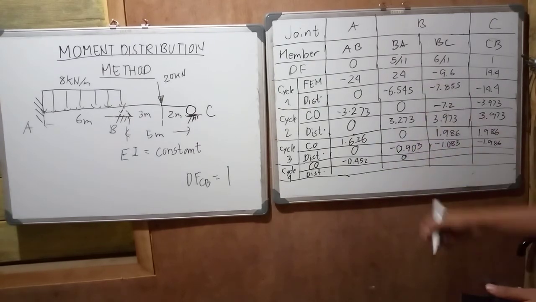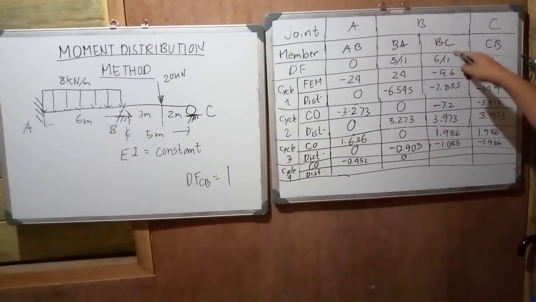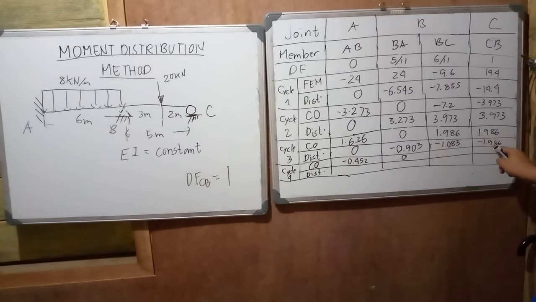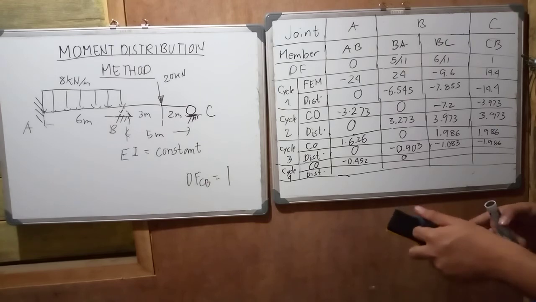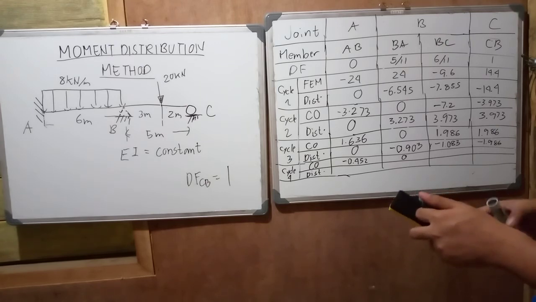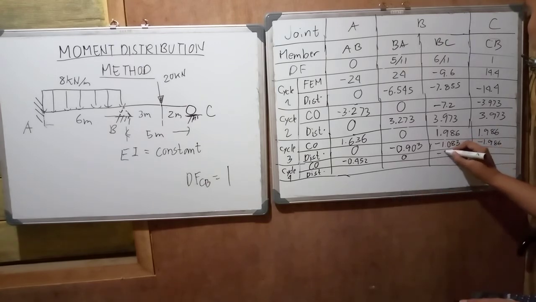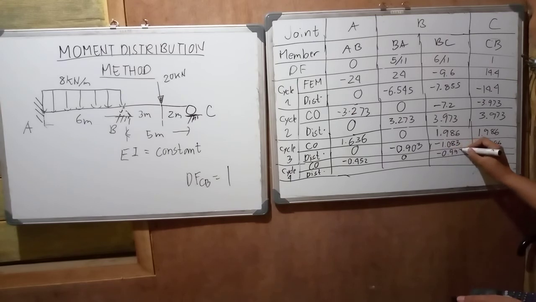Kasi, carry over moment at BC is equivalent to distribution at CB over 2. So, negative 1.986 divided 2 is negative 0.993.